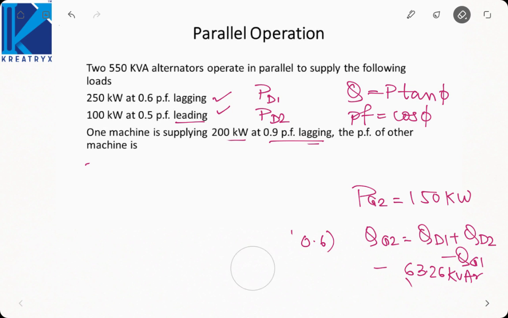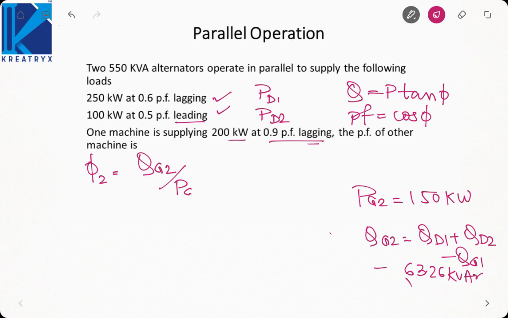Now we have real power of generator 2 as well as the reactive power, so we can figure out the power factor angle phi. QG2 by PG2 is actually tan of phi 2. Similarly, if you want to find cos of phi 2, it will be cos of tan inverse QG2 by PG2.